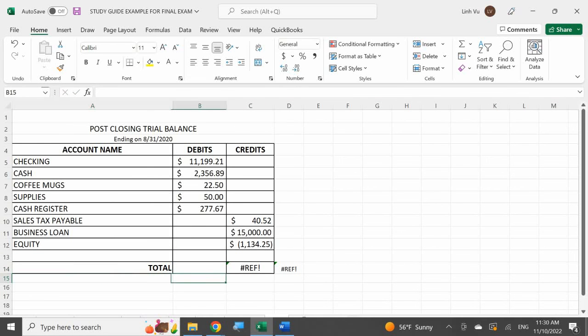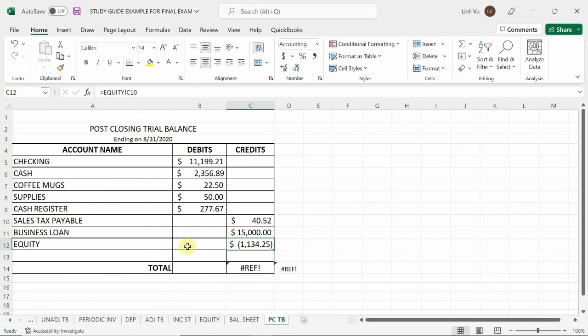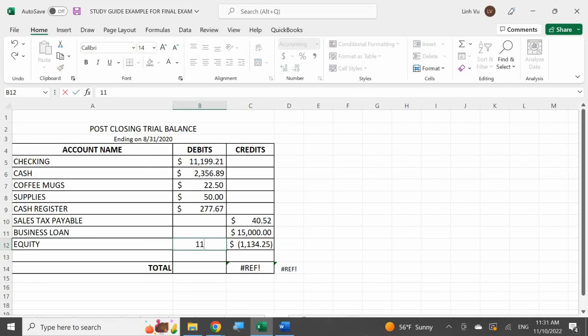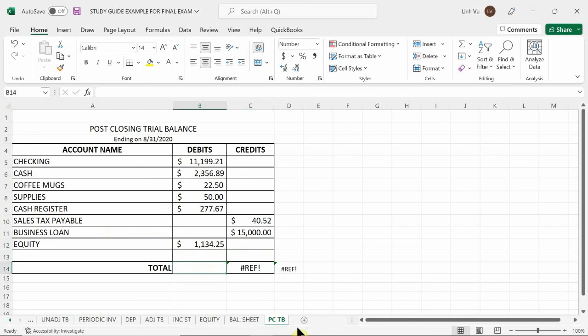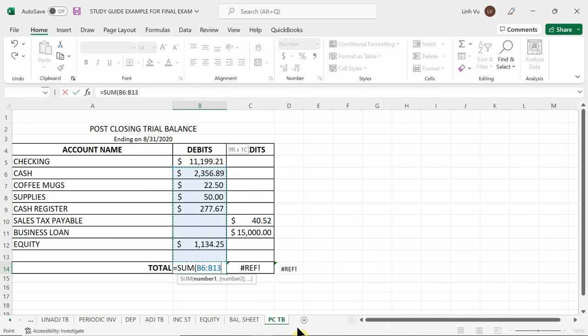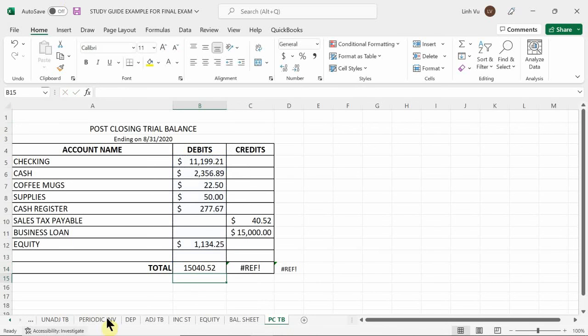Okay? And that's where you're going to go ahead and fix your equity because it should be positive. Oh, no, that's right, negative. So a negative is going to be a debit balance of 1134.25. So you do need to fix that part right there. And then you're going to do your sum of your balances one more time to get the correct total debits versus your total credits.